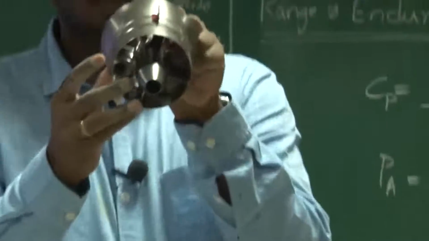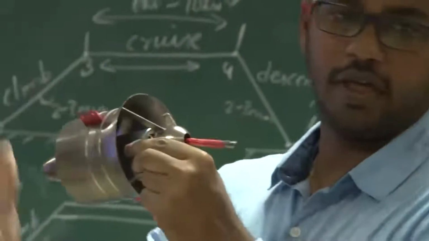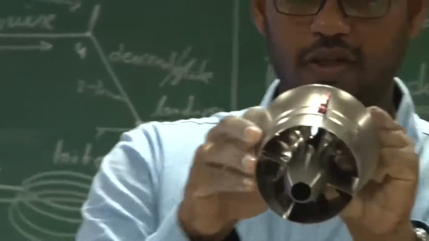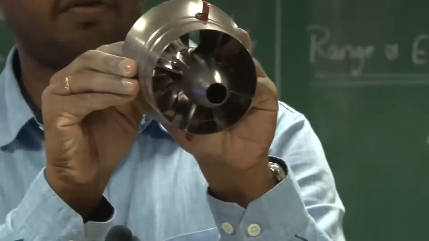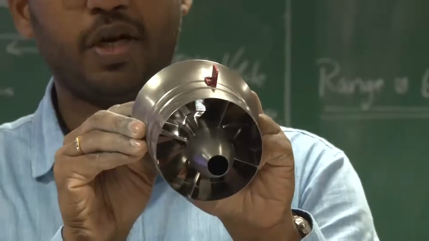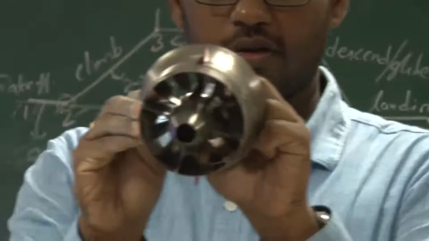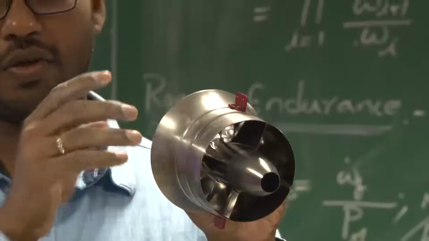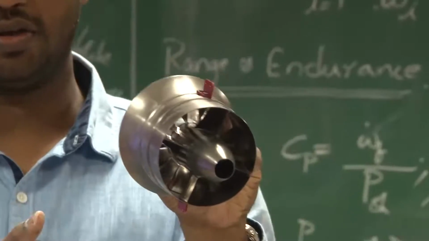The only thing is, to minimize the propeller diameter, we use a fan, a series of fans, or here a single fan with multiple blades. This fan is going to convert the available mechanical power to the useful power.